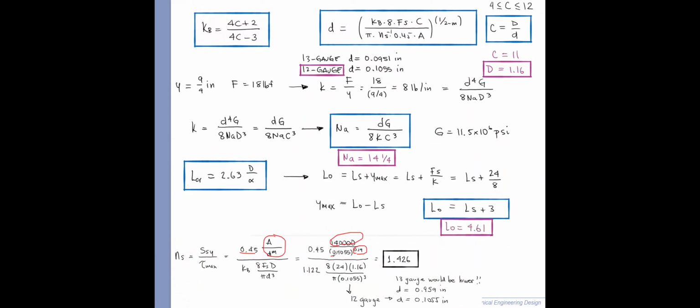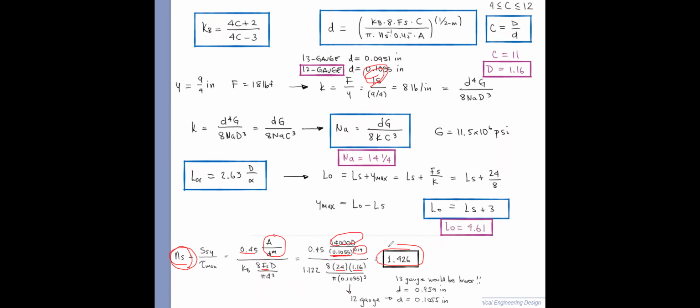We know the wire diameter here, and we know FS, which the question already tells us is 24. And the mean coil diameter is 1.16. So finally, we get the safety factor equal to 1.426.